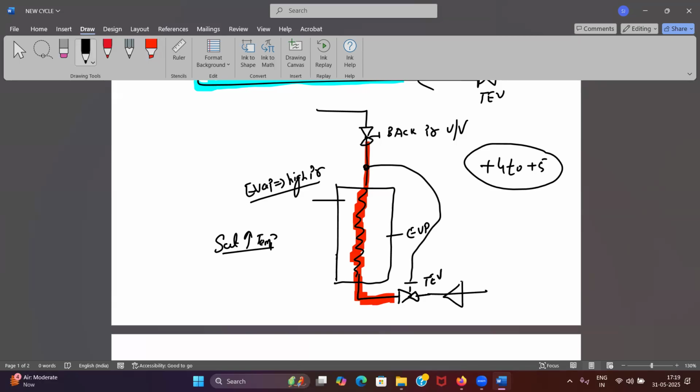No sir. That means less refrigerant will come, less flashing up. So my saturation temperature will go up. If I'm able to create back pressure onto my system, then P2 is increasing, no?